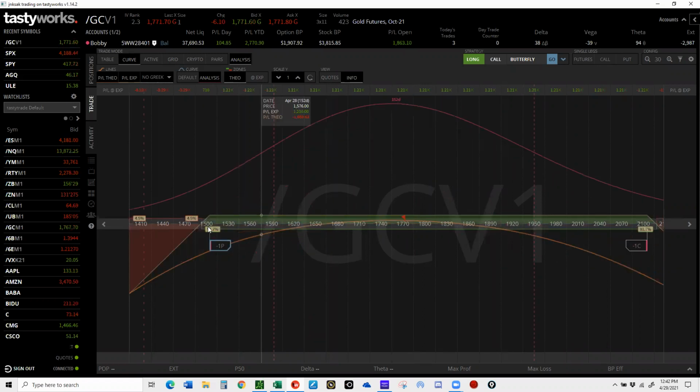But look at this, y'all. Current price is 1770 or so. I mean, gold could go all the way up to 2100 or all the way down to 1500 before I start experiencing pain. Well, you'll experience a little bit of pain before then. But the goal, Dwayne, in this trade is to hold on for about 30 days.